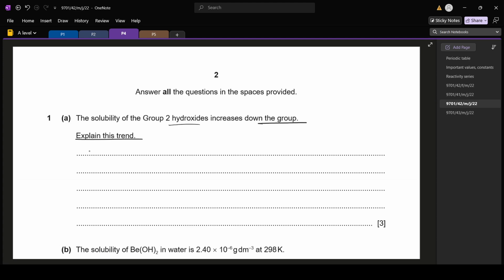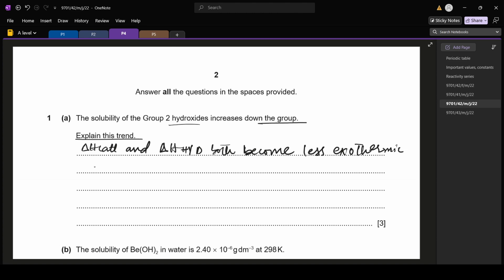So we'll write: lattice enthalpy and hydration enthalpy both become less exothermic.